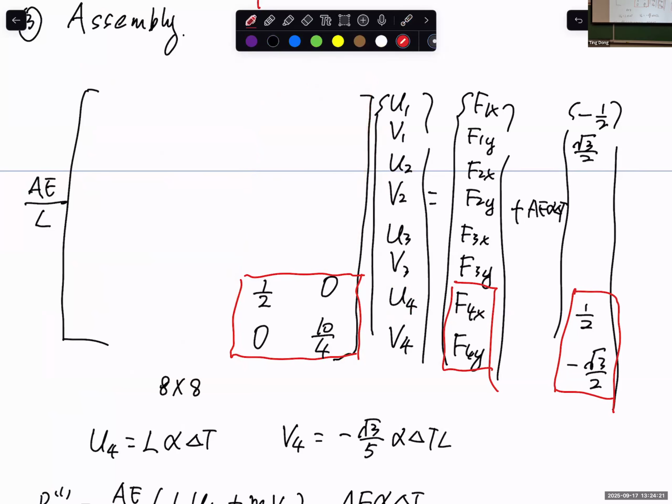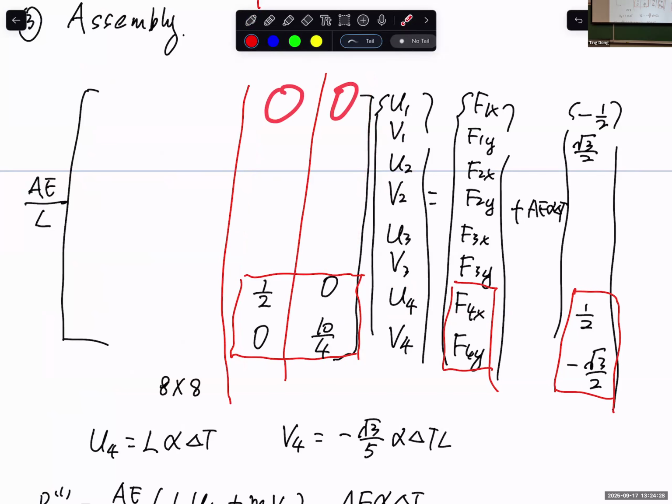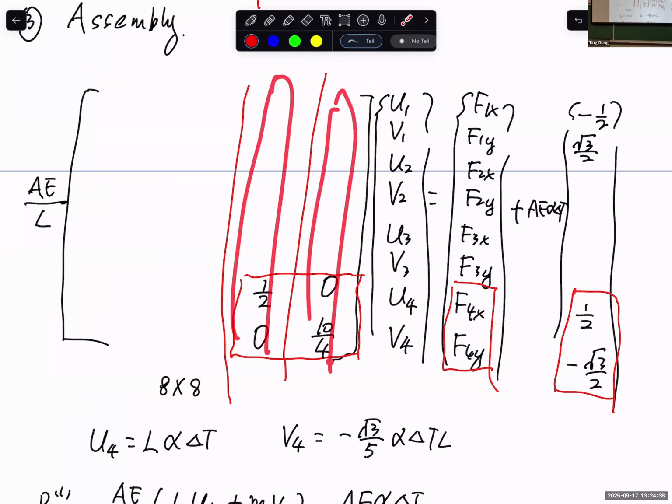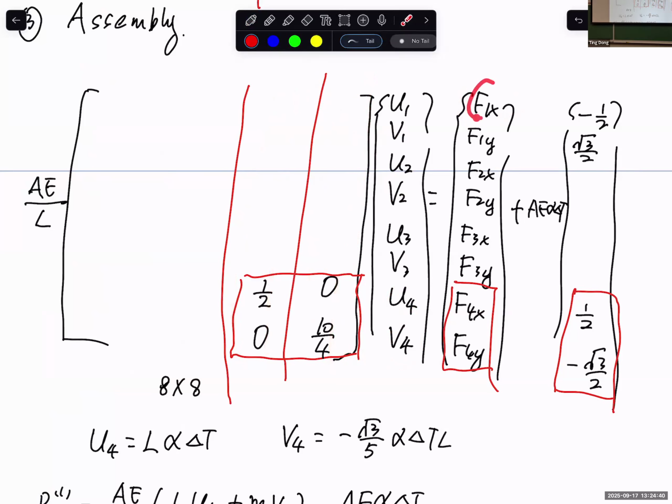Let's write it this way. This one times U4, this one times V4 becomes F1x. Make sense? So you do the calculation, you have our reaction force: node 1x, node 1y, node 2x, node 2y, node 3x, node 3y, right?